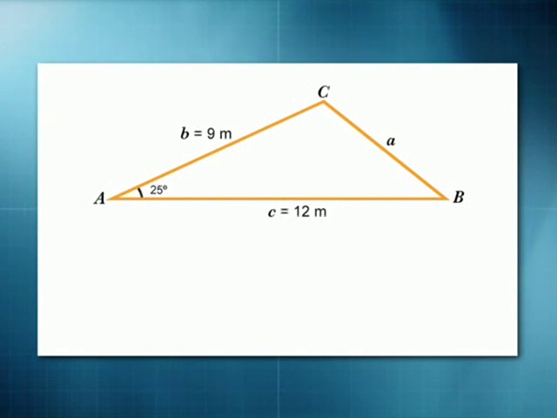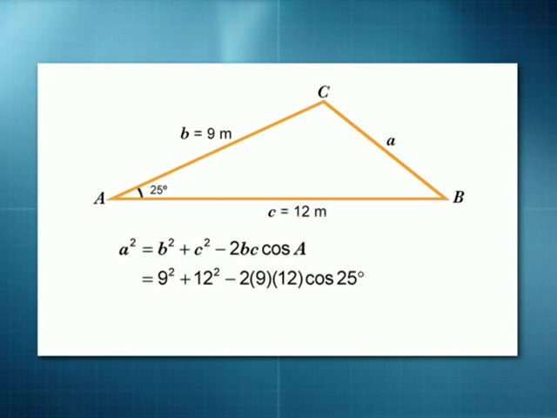So we have two sides and the included angle. How can we get the rest of this triangle? Well, the first thing we could figure out is the opposite side, the side opposite angle A, and this is a perfect setup for the law of cosines. The law of cosines says that A squared, that missing side, is B squared plus C squared minus 2BC cosine A. That's precisely the law of cosines applied to our situation.